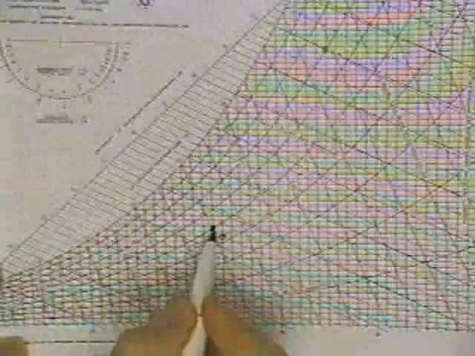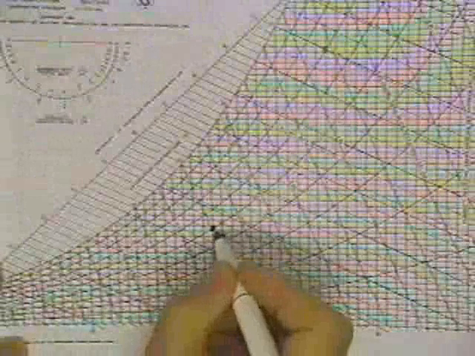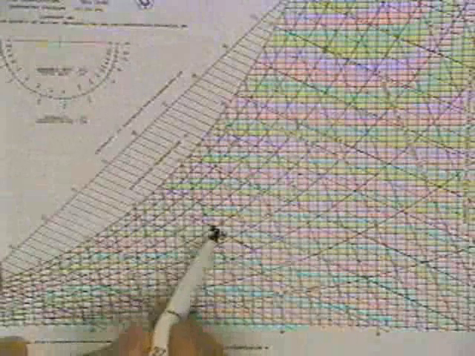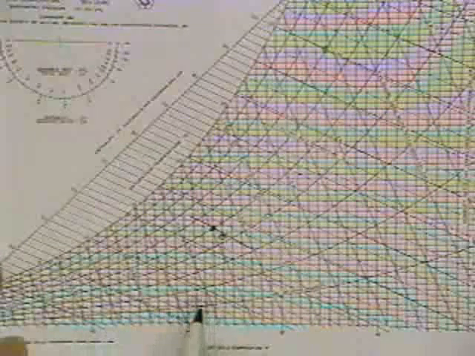What we're asked for, first of all, is to find the wet bulb temperature. The wet bulb temperature goes along these lines of constant wet bulb temperature, so we're going along in this direction here. I read a temperature of about 16.3, so you're at about 16.3 wet bulb temperature.